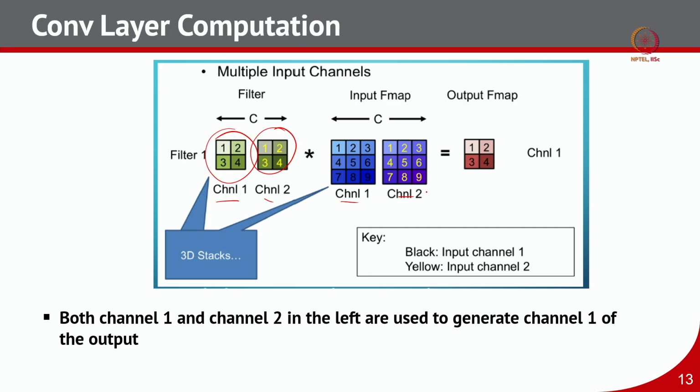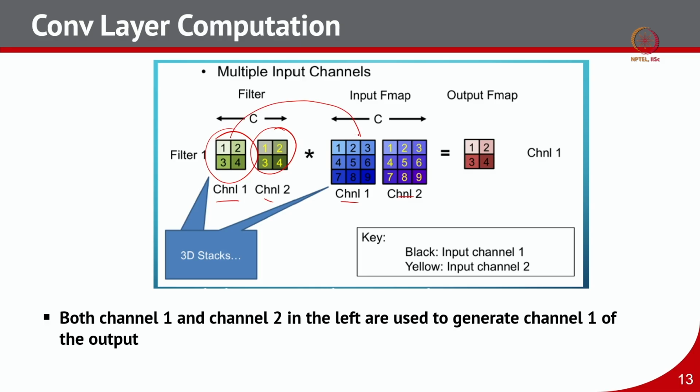Remember, the number of channels in the filter has to be the same as the number of channels in the input feature map, so that when you do the convolution, you can perform the channel by channel convolution and then add them up, right.